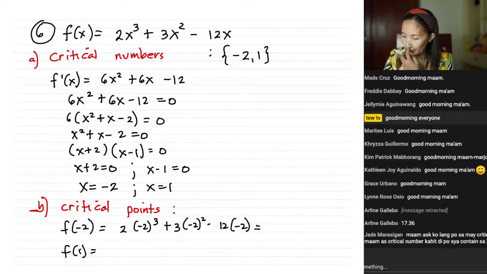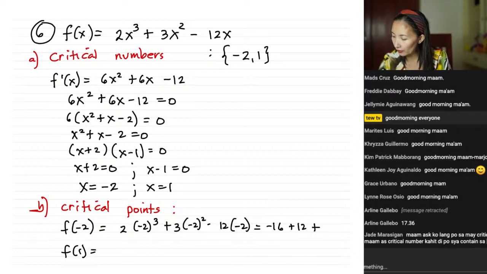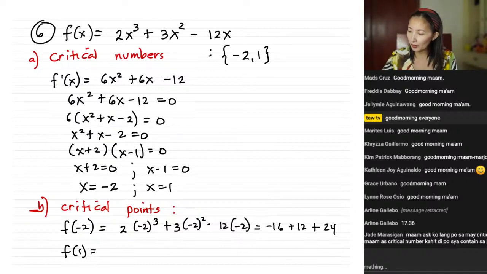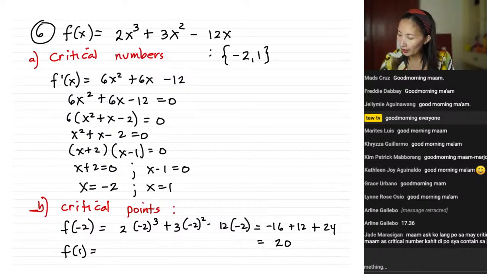Negative 8 times 2 is negative 16, plus 12, plus 24. Negative 16 plus 12 is negative 4. Negative 4 plus 24 is positive 20. So one critical point that we have identified is negative 2, 20.